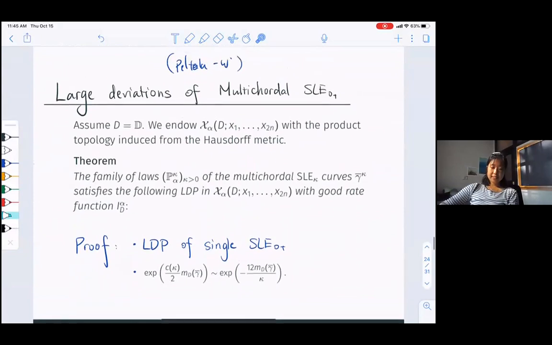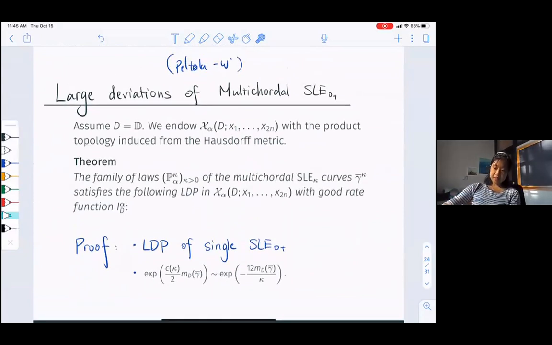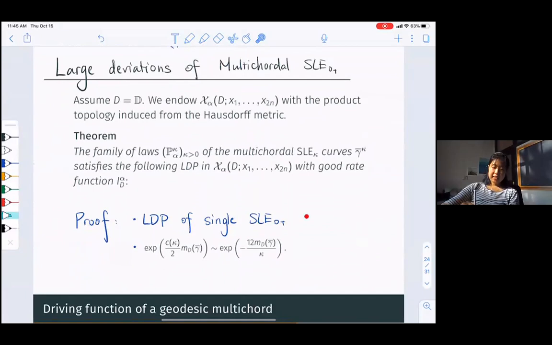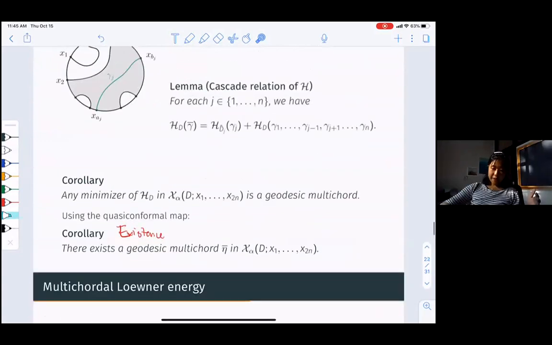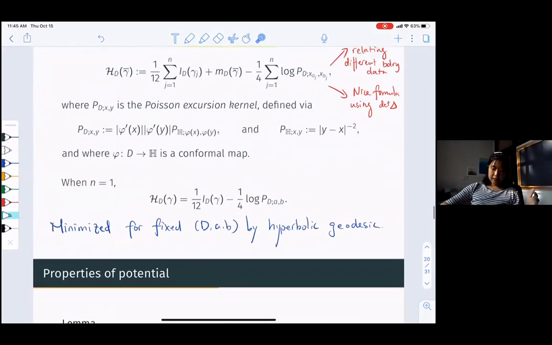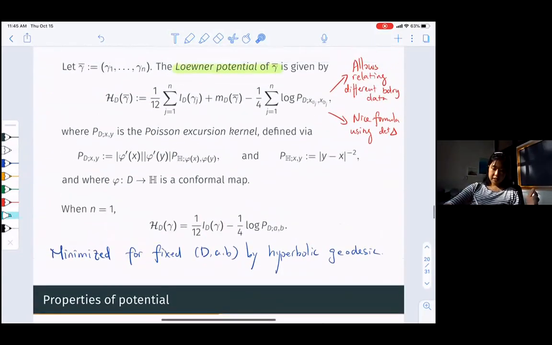And the proof is using the Radon-Nikodym derivative of the multichordal SLE. So first you have the LDP for a single SLE that we proved. Then if you take n independent SLEs, you take the product of their densities and their rate function will just be summing up the Loewner energy.